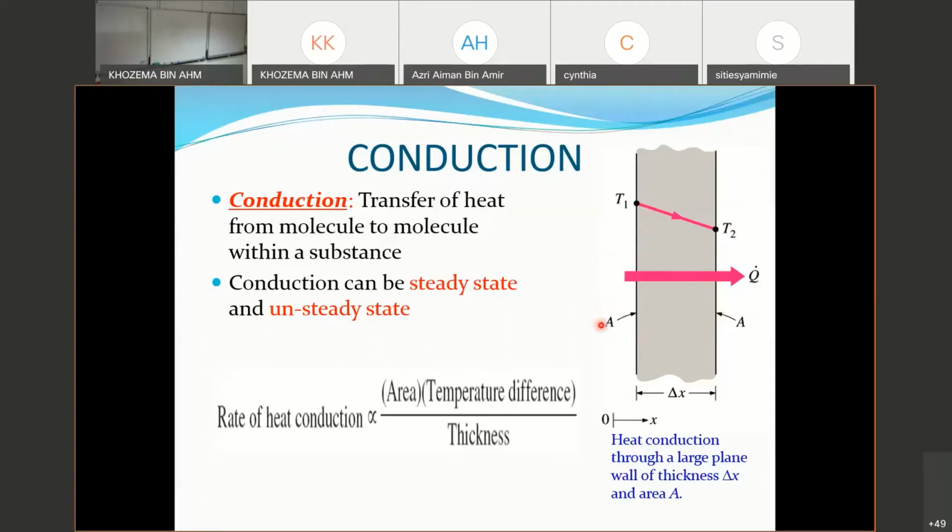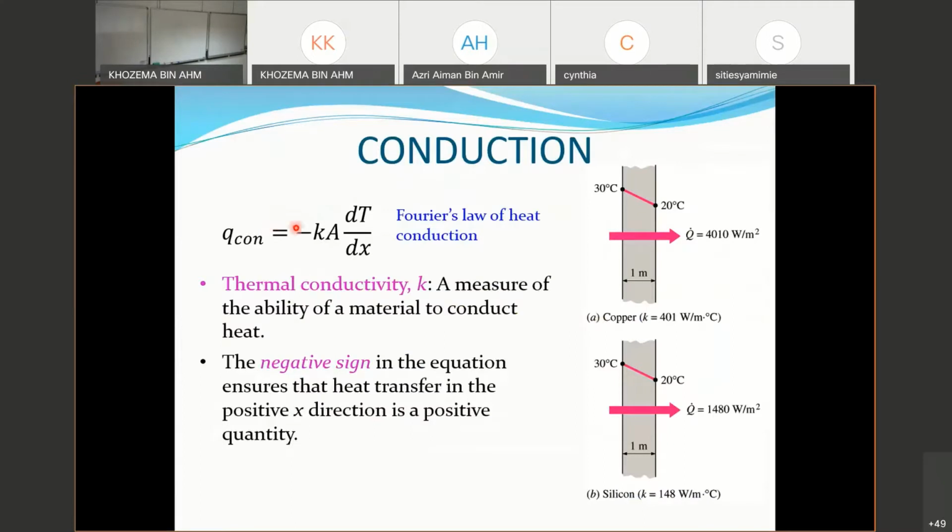In order for us to remove the proportionality sign, just now we said that the rate of heat transfer is proportional to something. When we want to remove the proportionality sign, we have to add a constant. In this case, Fourier added a constant of negative K. Q is the symbol of heat transfer, and the subscript CON here identifies that this Q is for conduction.